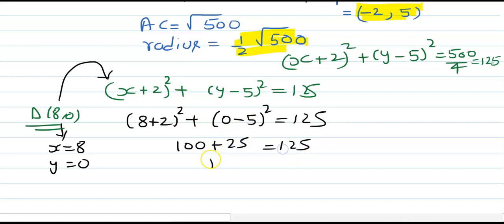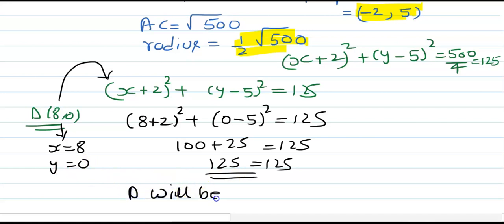So we can see we are getting 125 which is equal to 125, left hand side equal to right hand side. It means definitely point D will be on the circle. Okay, this completes our question.